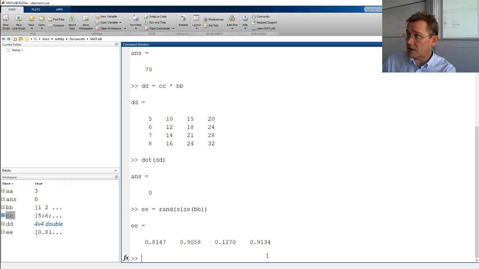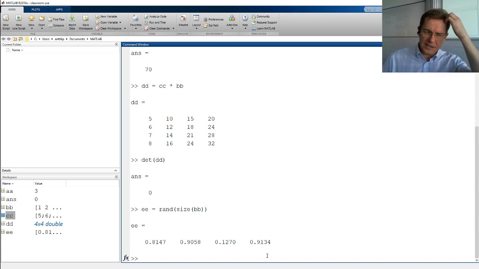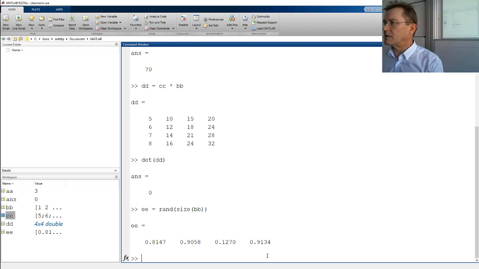And if you type exactly the same commands, you get exactly the same numbers. Pseudo-random numbers, meaning that they all start with the same seed number, unless you set the seed number differently. So when you want to have different random numbers, you should randomize the random number generator first.